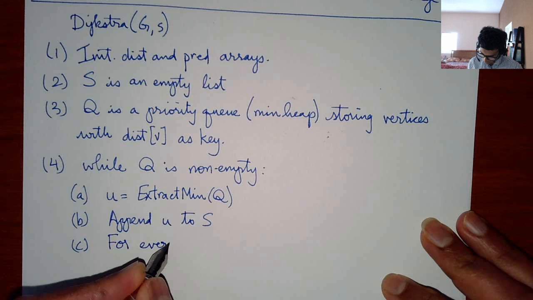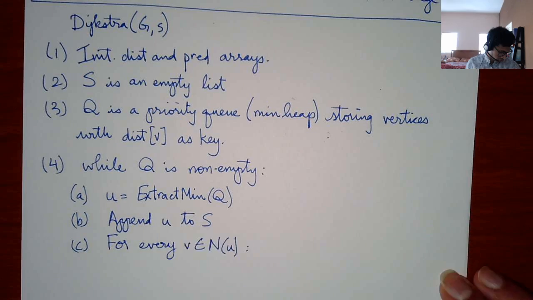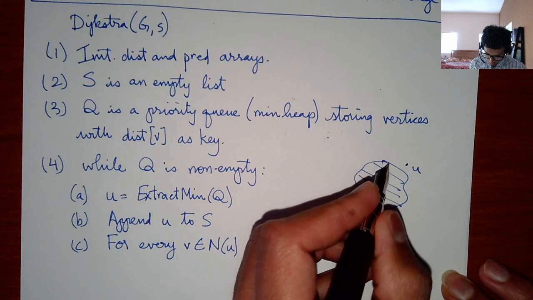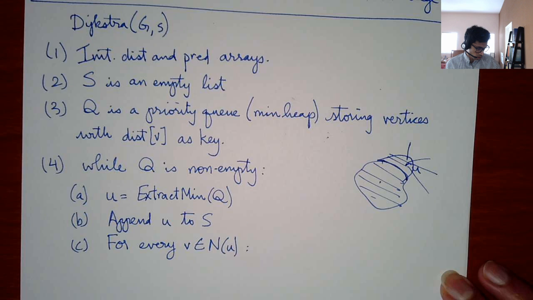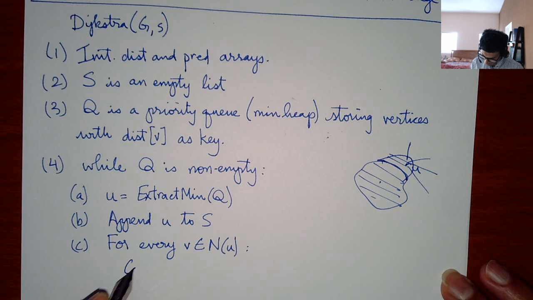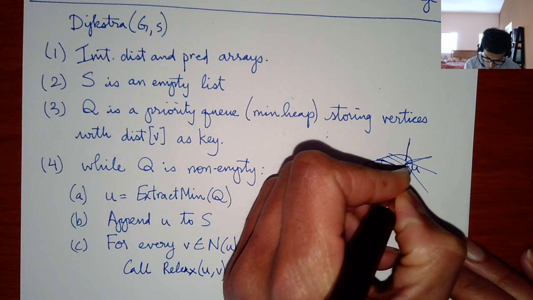vertex in the neighborhood of U, so the picture that I want to draw here is, so here's some U, this is some S. What it's going to say is that once U has been extracted, S is going to extend out to that. Then it looks at all the neighbors. For every neighbor, call relax UV. So it's calling relax for all of these.